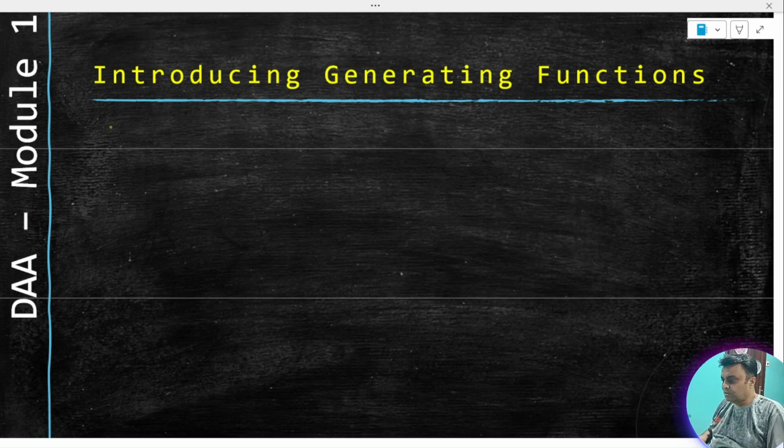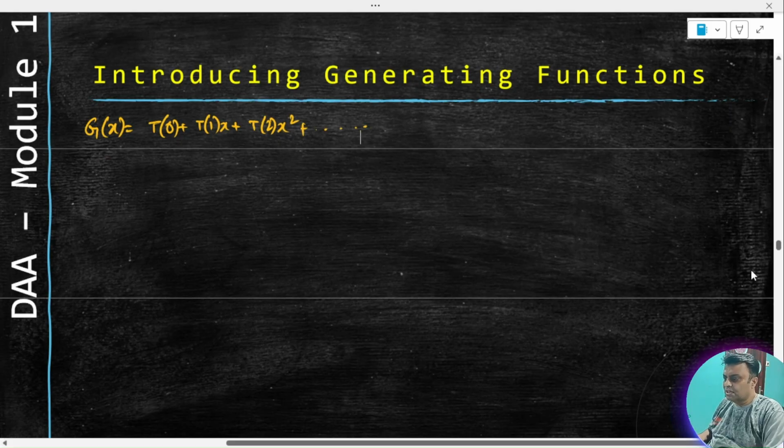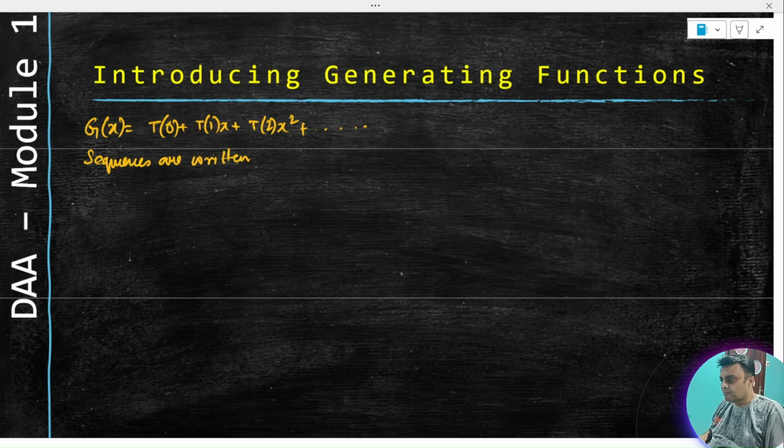If we just now saw that my gx is equal to t0 plus t1 x plus t2 x square plus dot dot dot. Now in mathematics, sequences are written as a0, a1, a2 dot dot dot.